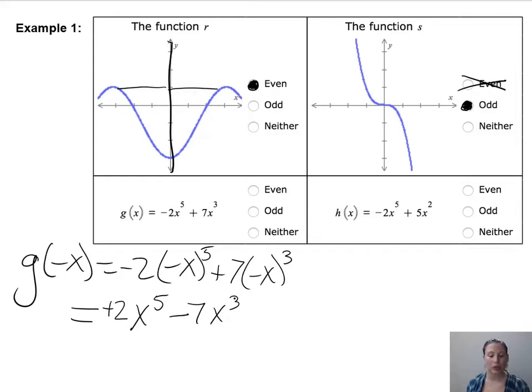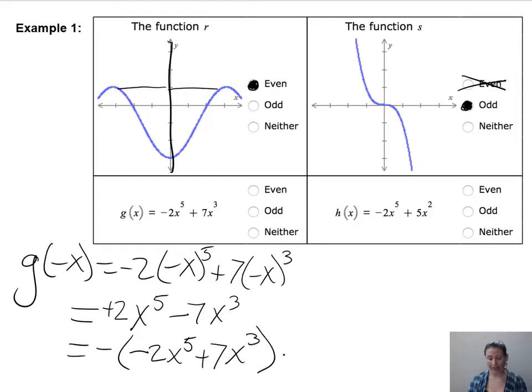Now what we want to look for is if we can factor out a negative, does it look the same as what we started with, g of x? So negative, then we would have had negative 2x to the 5th plus 7x cubed. That's exactly what we started with here in the parentheses, just with that negative outside.